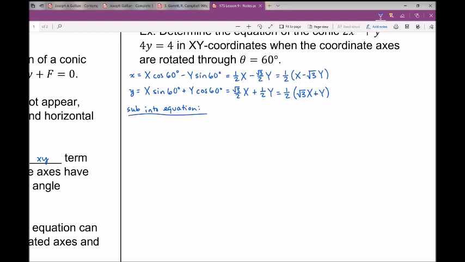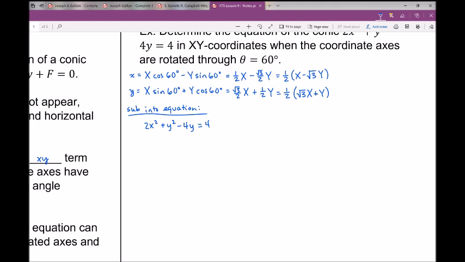Alright, so let's sub this in. So our original equation was 2x squared plus y squared minus 4y is equal to 4. So what we're going to do is everywhere you see a little x, we're going to plug in our expression for little x, and everywhere you see a little y, we're going to plug in our expression for little y.